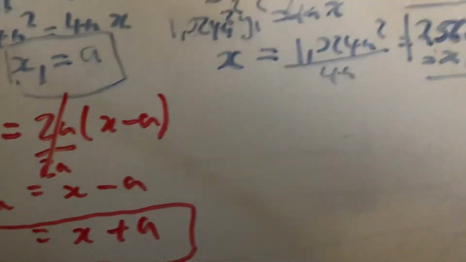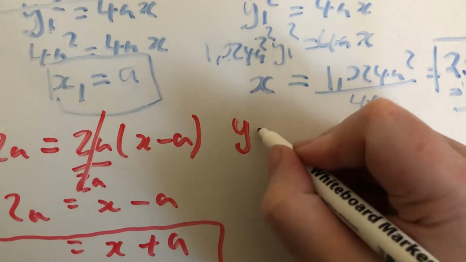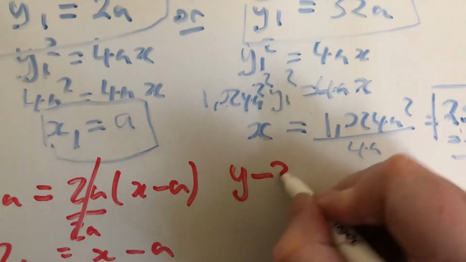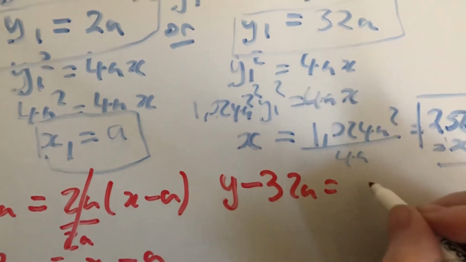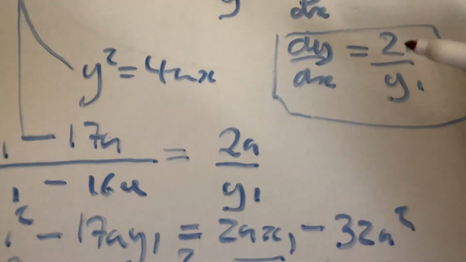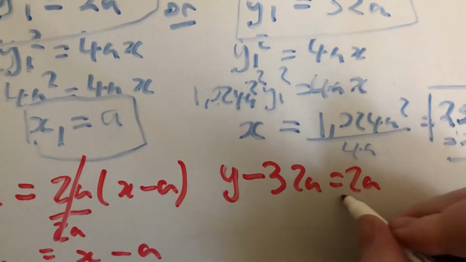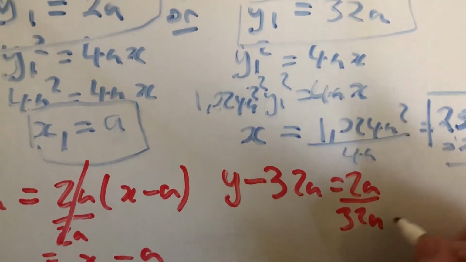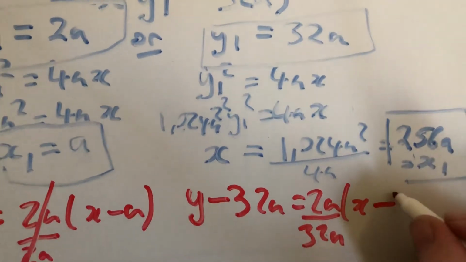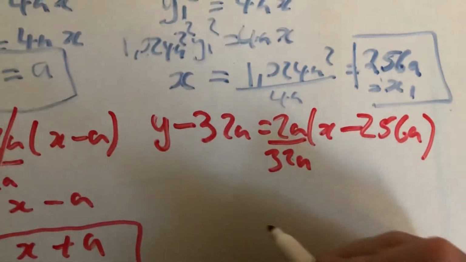The equation of the second tangent follows thus. You've got y minus y1, which is 32a, is equal to, there we go again, your gradient is 2a over y1, which is equal to 2a over 32a, times x minus 256a. Don't worry, bear with me, you'll be alright.